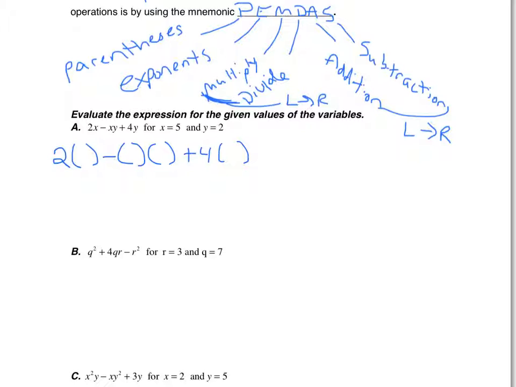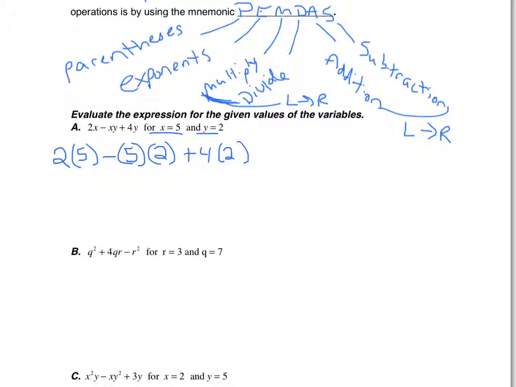I'm going to put in parentheses because when we start using negative numbers, it will make a difference when we evaluate. So 2 times x, well, x was 5, minus xy, so 5, and then y was 2, plus 4 times y, and y was 2.